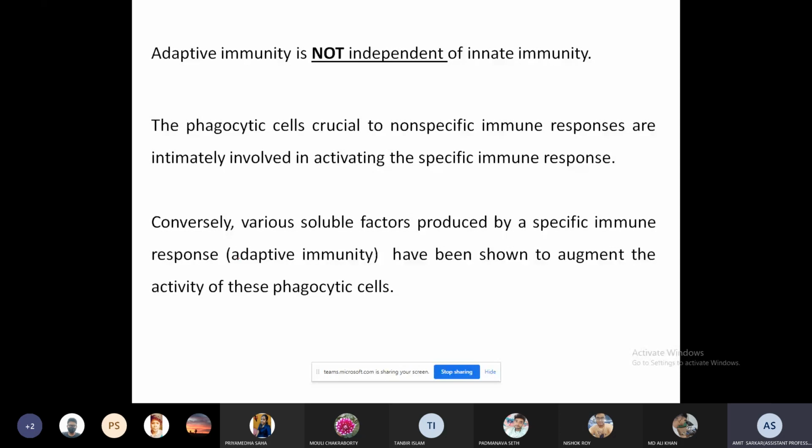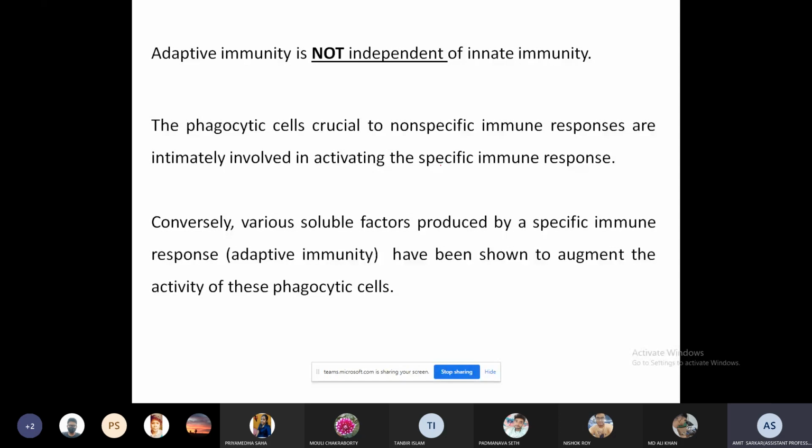Now, adaptive immunity and innate immunity, as we have discussed so far, seem far away from each other. Their total logic of working, the function, is different from each other. But they're not independent of each other. They work in a very cooperative manner to give us robust protection against different types of microorganism-derived diseases. Say, for example, the phagocytic cell.